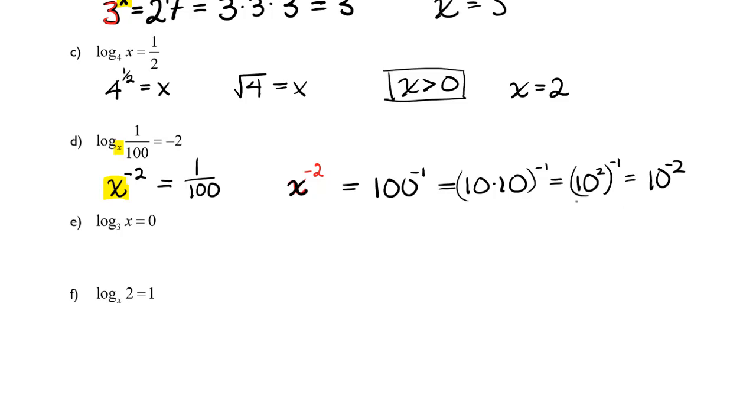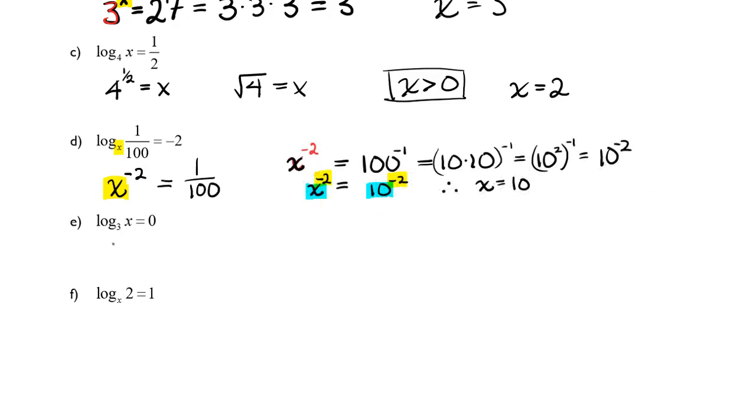That's a long process, but I just want you to see how you would go from a fraction with the interesting number in the denominator all the way up to what we have here. So since x to the negative 2 is equal to 10 to the negative 2, I can say, therefore, x equals 10. Because I've made my exponents match, therefore the x has to be 10.